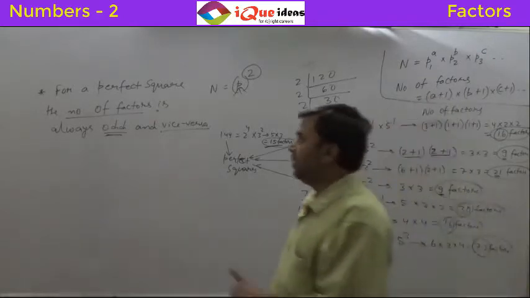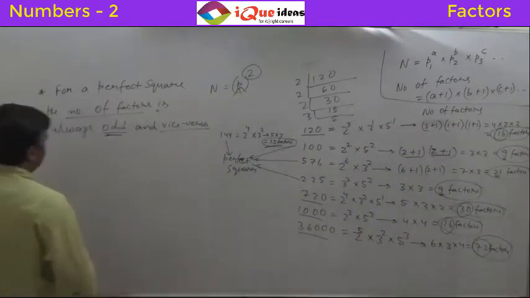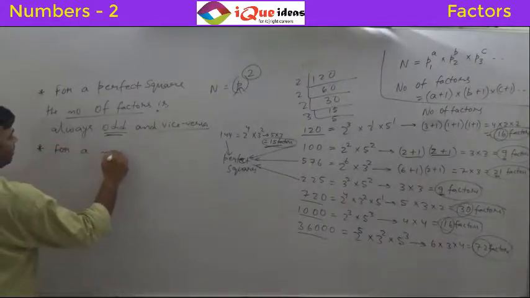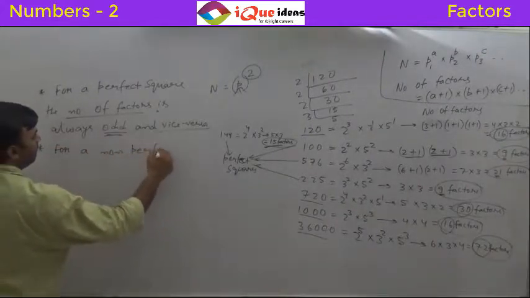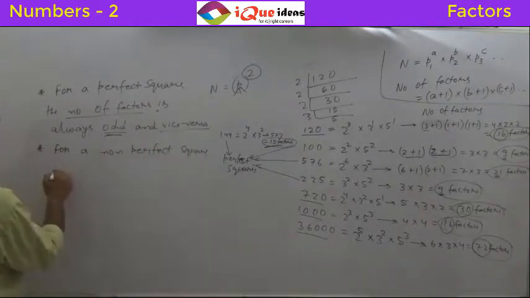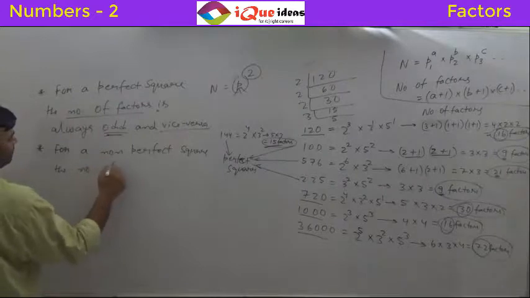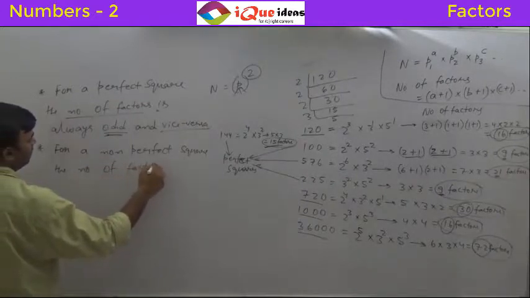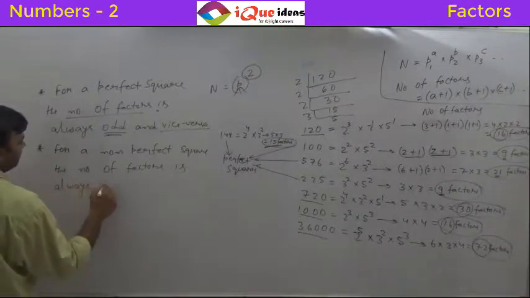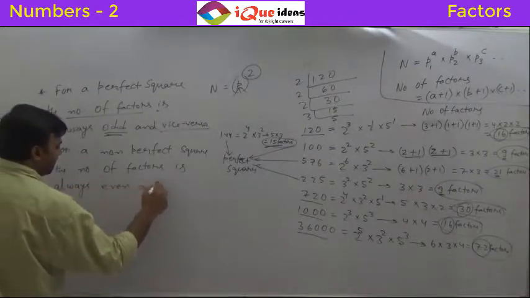So I repeat. For a perfect square, the number of factors is always an odd number, and for a non-perfect square, the number of factors is always even, and vice versa.